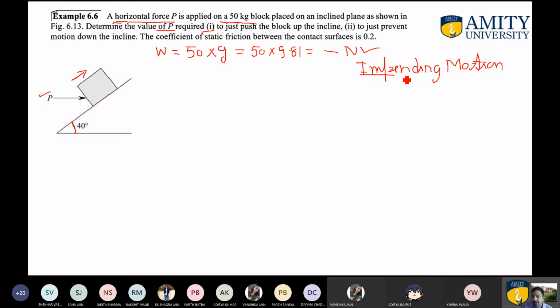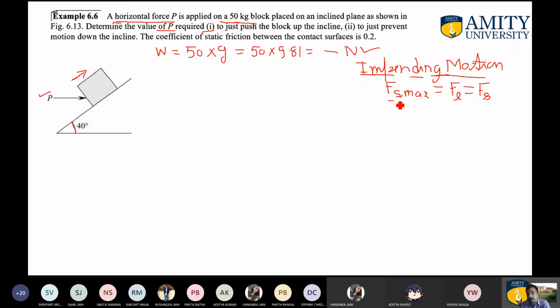You already know that this particular condition is known as the impending motion condition. Now under this impending motion condition, the friction force which acts on the contact surfaces has the maximum value, which is represented by either Fs max in some of the books, or in some books it is mentioned as limiting force of friction, and in some books as maximum static force represented by Fs.